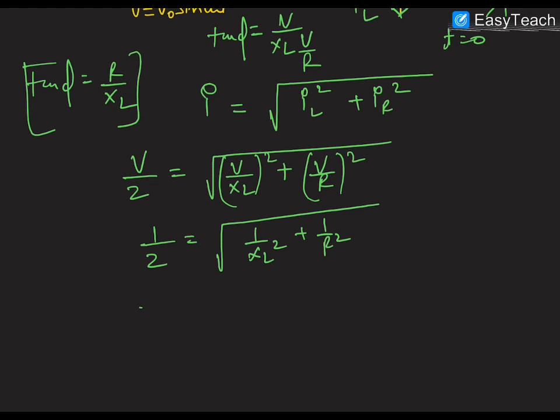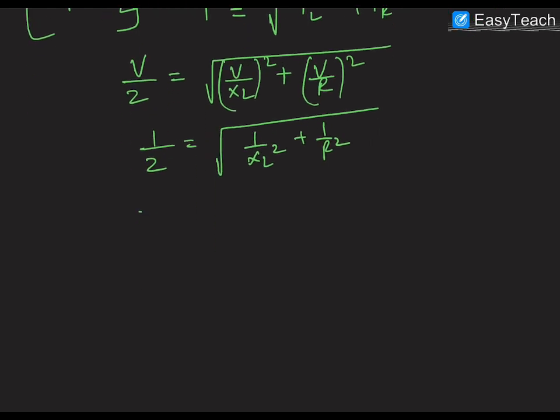So Z will be equal to 1 upon under root of 1 upon XL square plus 1 upon R square.